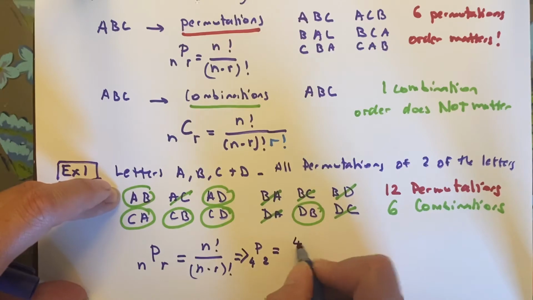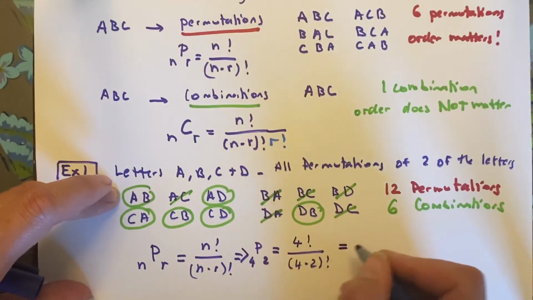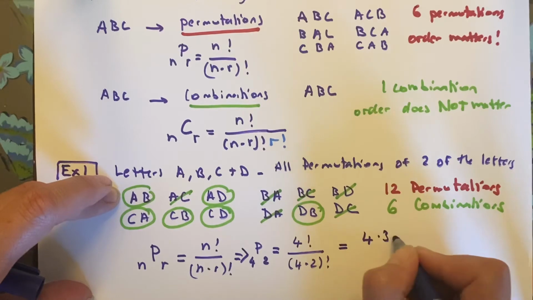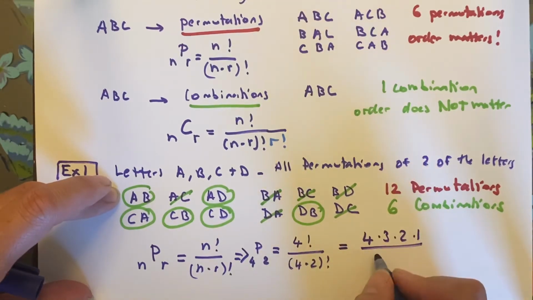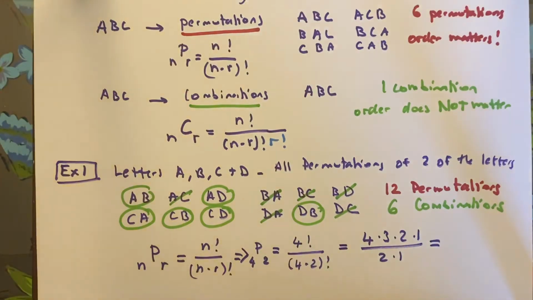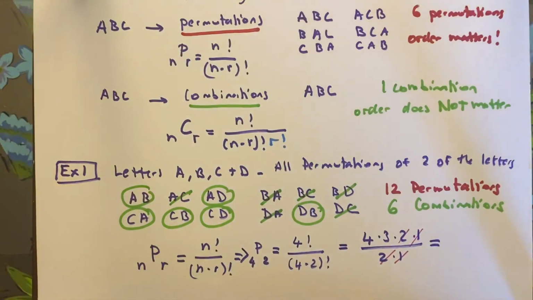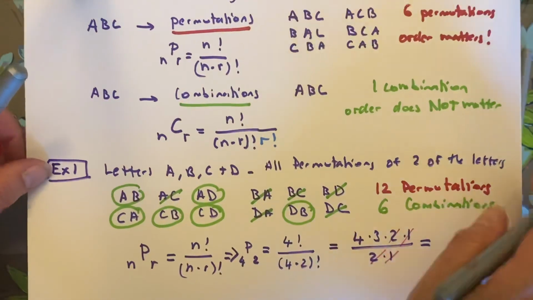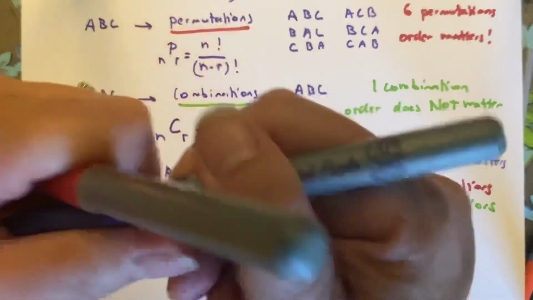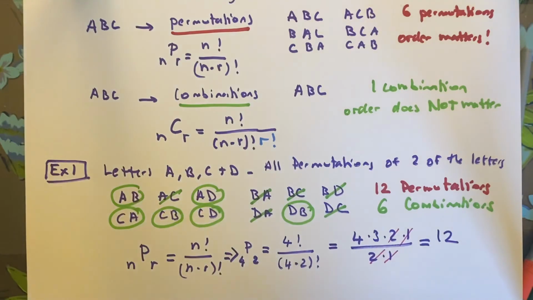So I have 4 factorial over 4 minus 2 factorial. So my permutations are going to be 4 times 3 times 2 times 1 over 2 times 1. As I can cross out my 2 and my 1s, I can see that I have 12 permutations, just as I said up here. And that's a match.